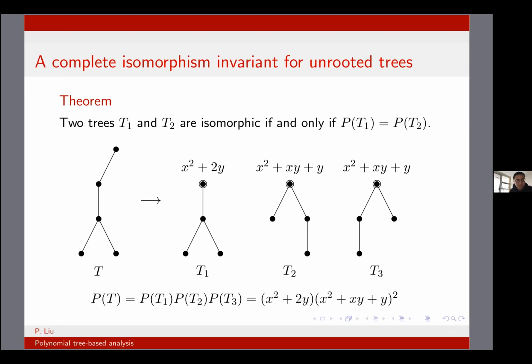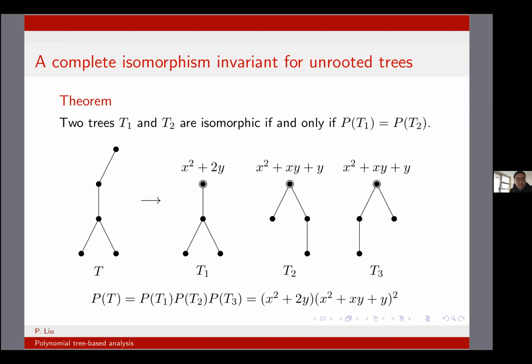In this case, if we have an unrooted tree, we can contract its leaf edges. We can contract the top leaf edge and we have T1, and we can contract the bottom two leaf edges, we have T2 and T3, and then we have three rooted trees, and all we need to do is multiply them, and that will give us a unique polynomial for the unrooted tree.